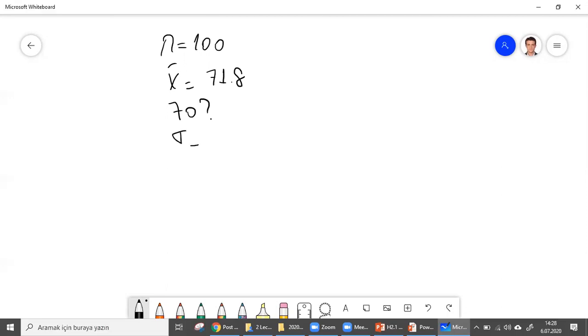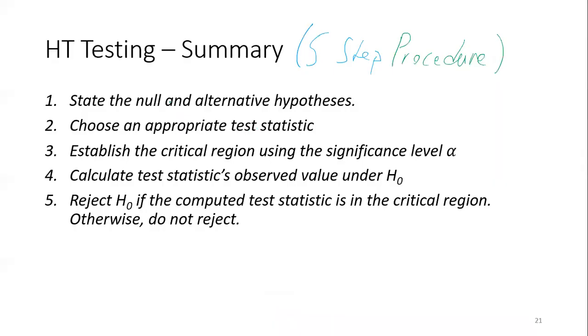And I'm given sigma equal to 8.9. These are the data given in the question. Now, let's try to write the question in the 5-step procedure.